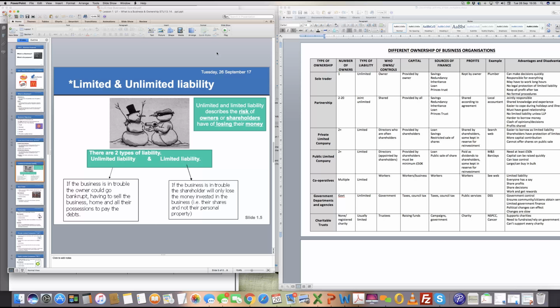Now, in some cases, when you have a business which has been running for a number of years and has facilities like loan facilities, cash overdraft facilities with the bank, and if it is allowed to go unchecked, then at some stage, if the business starts to lose money or does not make profit, the company has unlimited liability.